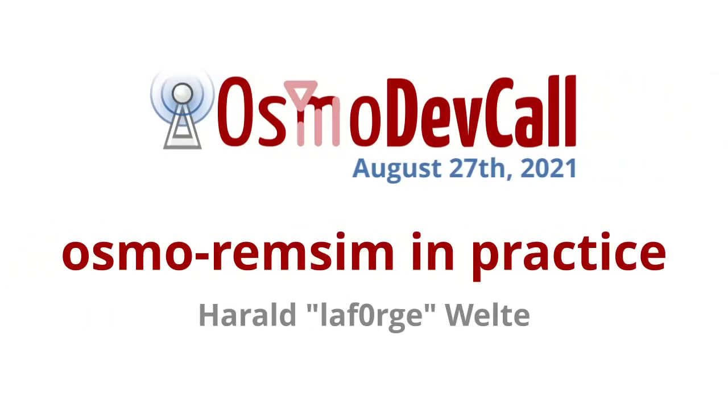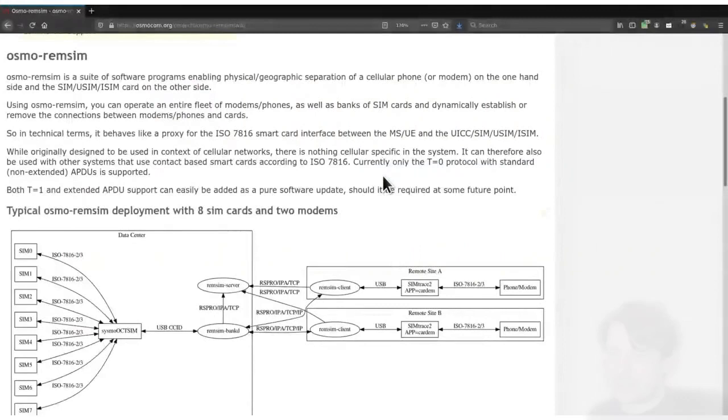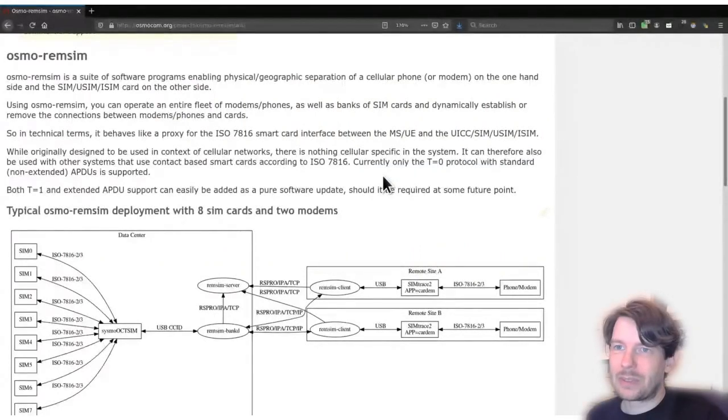We will look very briefly at the theoretical background of Osmo-remsim before we look at the practical side of things. So in general, the idea of Osmo-remsim is that we decouple the physical SIM card from the location where the SIM card is used.